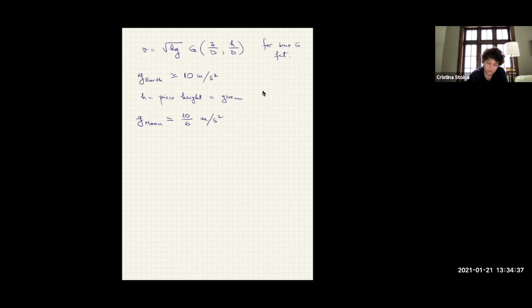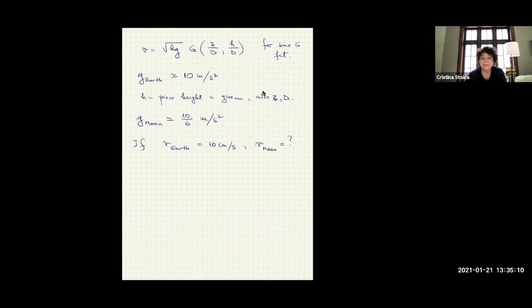Now the question is, if v Earth is, let's say, 10 centimeters per second, what would be the same velocity on the moon, without changing anything else, also tau and d?